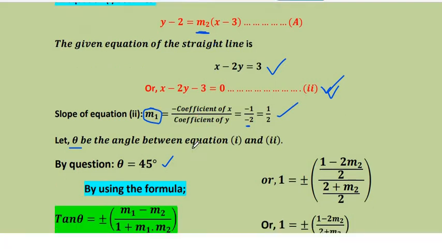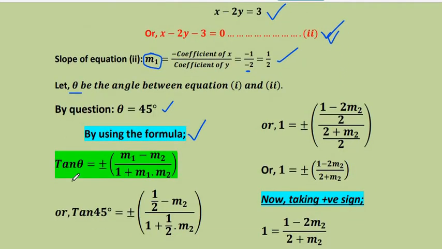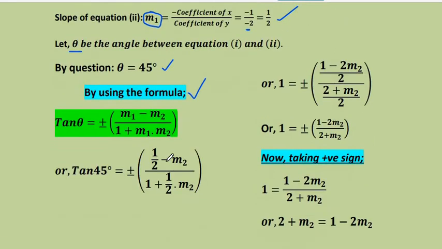We found it. So by using the formula, tan theta equals plus or minus (m1 minus m2) divided by (1 plus m1 m2), we substitute the values of m1 and m2. We don't have the value of m2, so simply substitute the value of m1, that is 1 by 2, and then substitute the value of theta, that is 45 degrees.